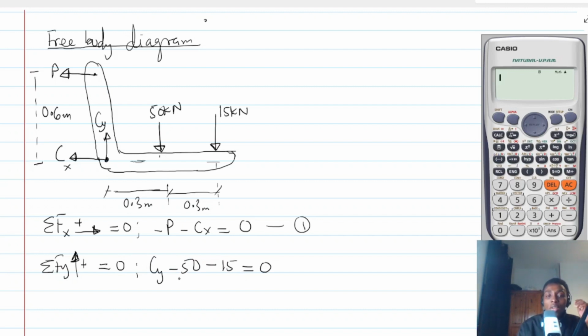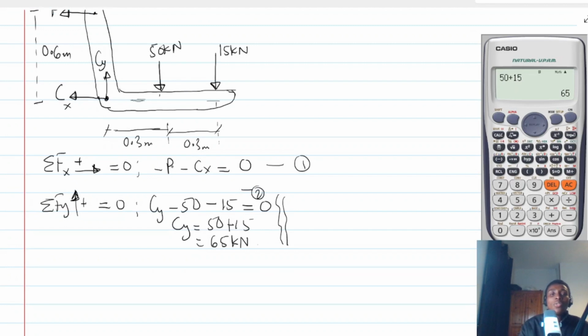After getting this, clearly we can say that CY must be 50 plus 15. And what is 50 plus 15? Essentially, that is 65 kilonewtons. So CY is actually 65 kilonewtons, right? You don't need a calculator to know that 50 plus 15 is 65. Anyway, I've done it for you so that you'll be happy. So we have CY. So this was supposed to be equation 2.